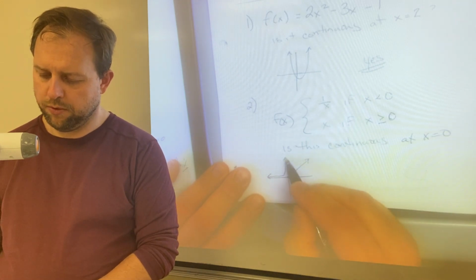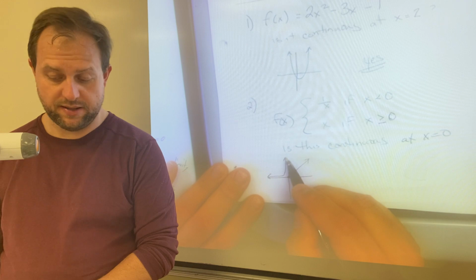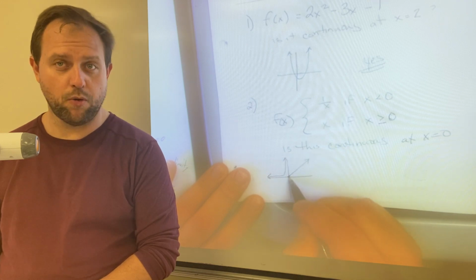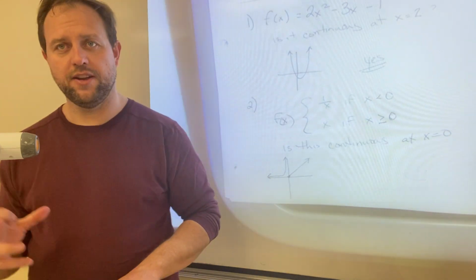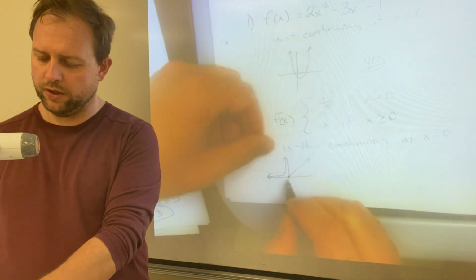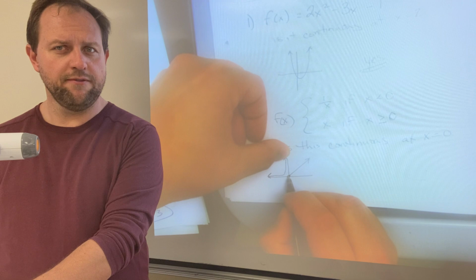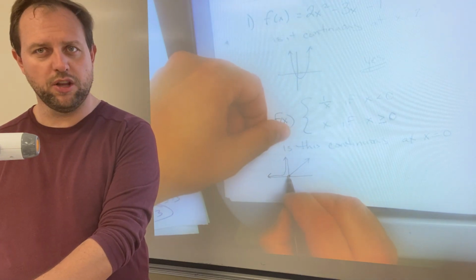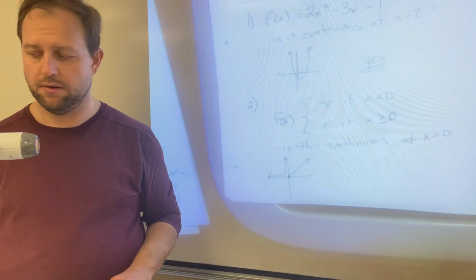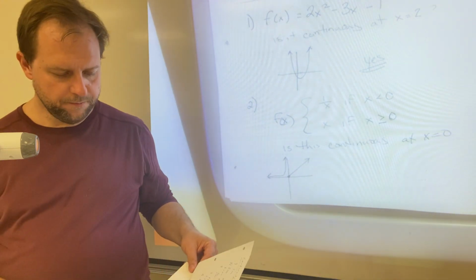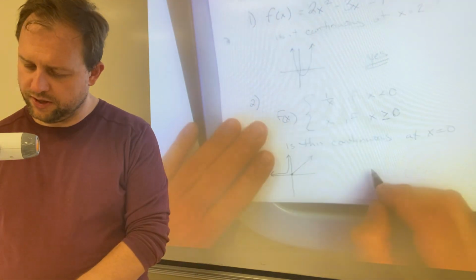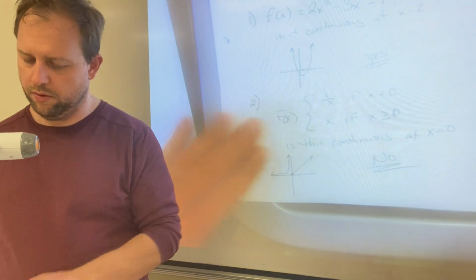And so the point right next to 0 is at infinity, and then the next point is at 0. There is an infinite disconnect. And even though it's only on one side, it's still infinite because it is infinite all the way up here back to this point. Okay, it's not necessarily a jump. So the answer for this one is no.